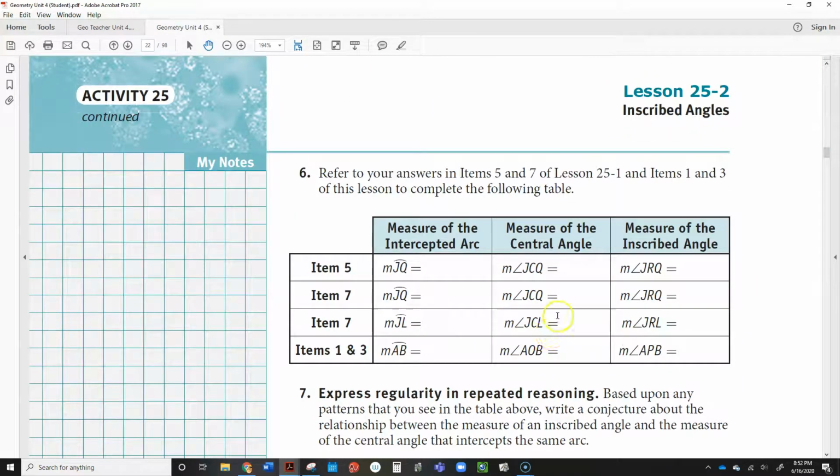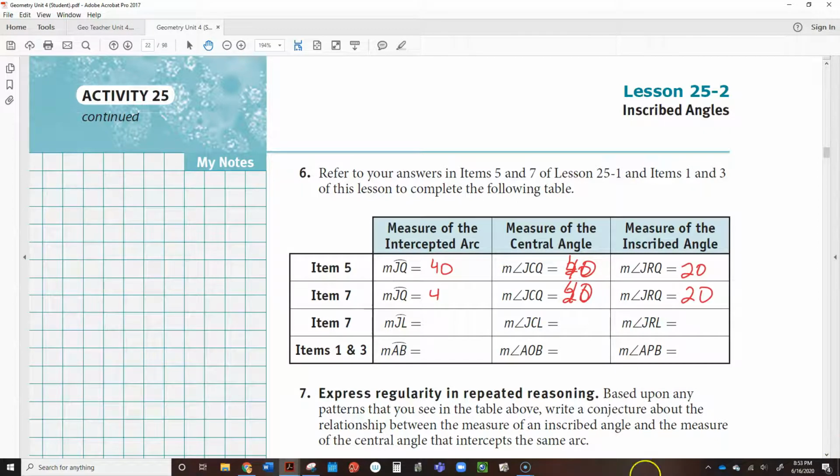So the measure of the intercepted arc was 40. I don't even know what item 7 is yet. This was 20. This was 20. Oh, central angle, sorry, was 40. Central angle was 40. Inscribed angle was 20.